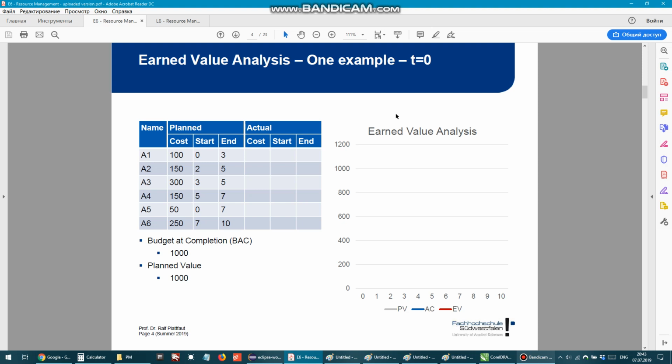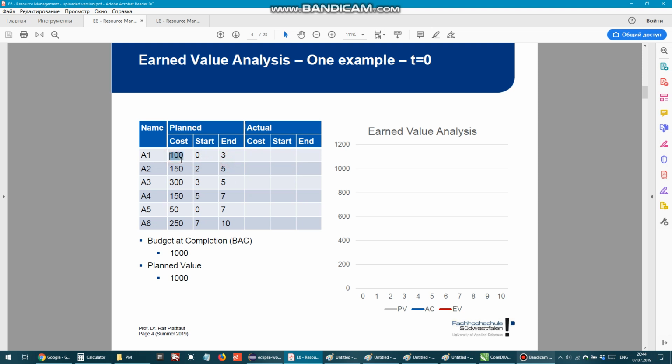Okay, let's take a look at the table. We have columns, tasks. The whole project is broken down into tasks, like task A1, A2, and so on, and each task has cost, and each task has start and end date.